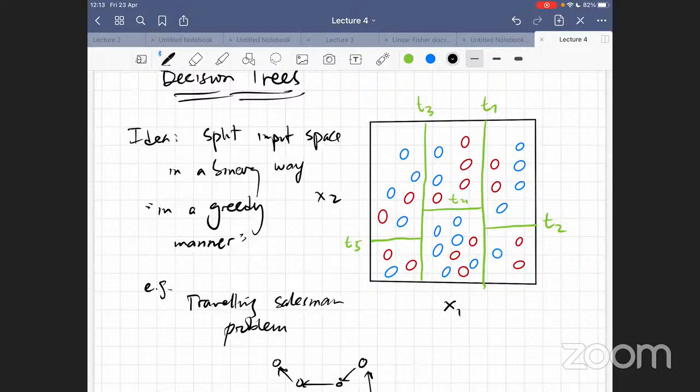So I probably need a lot of neurons in my hidden layer, and the training may also be slow because the network may be big. But in this example, by splitting your input space in this manner, it is very fast.